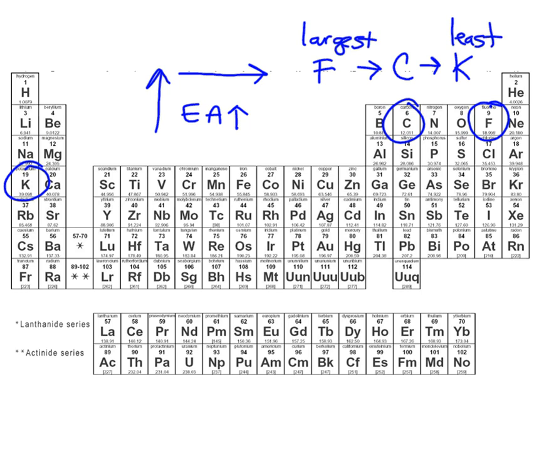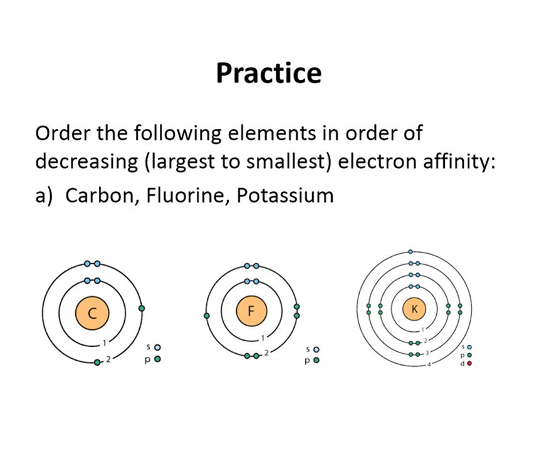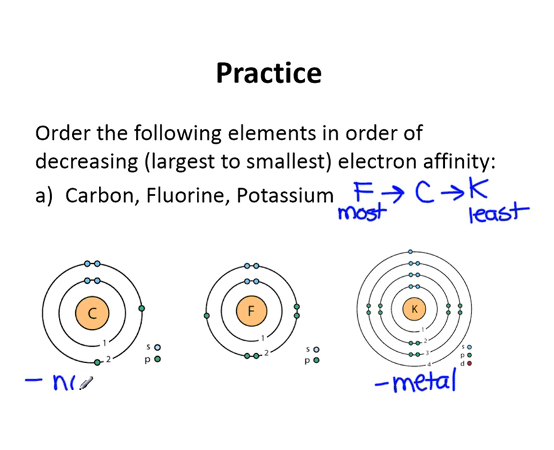So let's take a look first at the Bohr-Rutherford diagrams, and we'll just rewrite our order here. So we have fluorine, carbon, and potassium. This had the most, or highest, electron affinity, and this had the least, or the lowest. So first let's look at potassium. Potassium here is a metal. Compared to the other 2, carbon is a nonmetal, and so is fluorine.